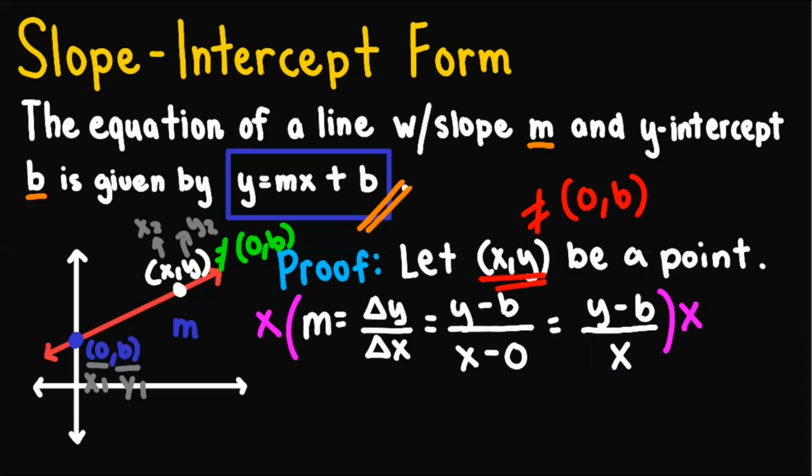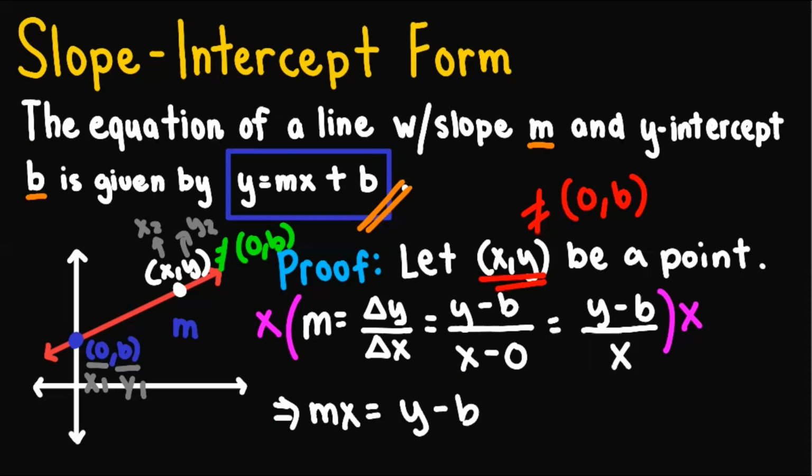So we know that x cannot be equal to 0. So multiplying x both sides gives us mx equals y minus b.